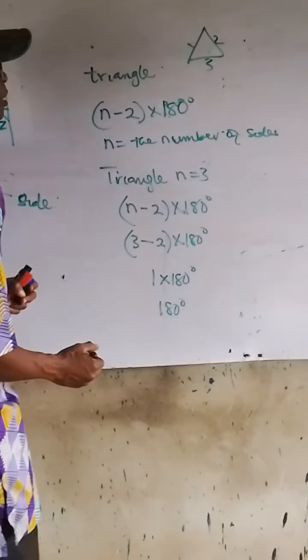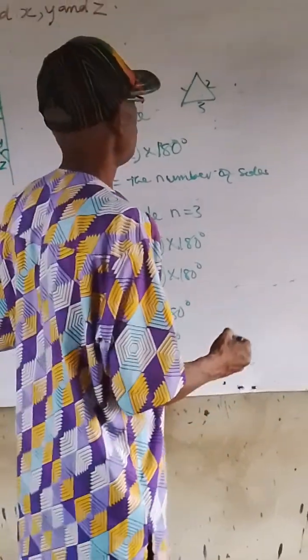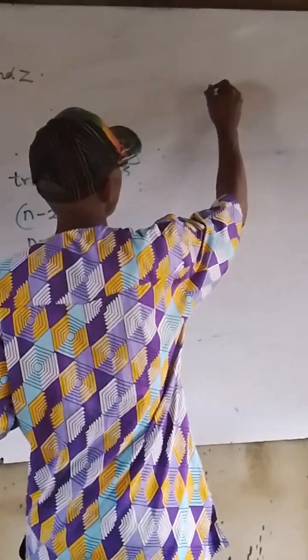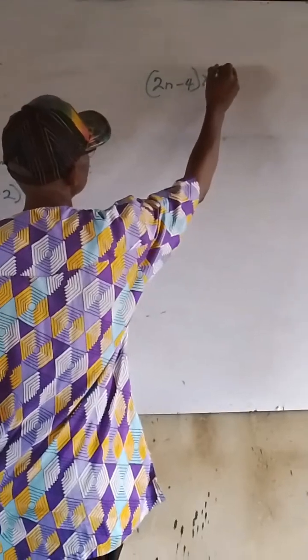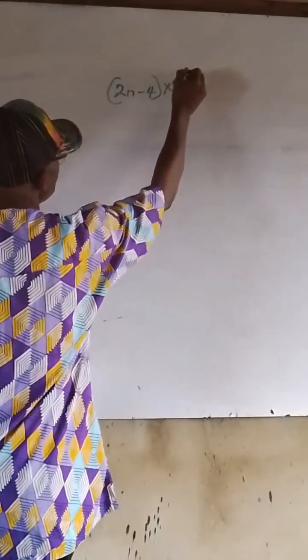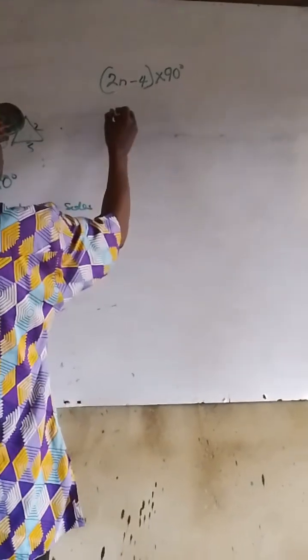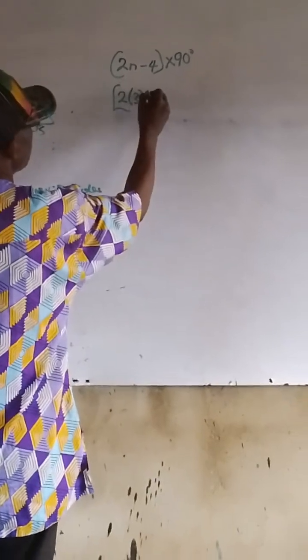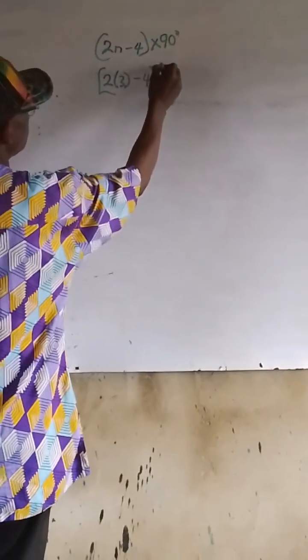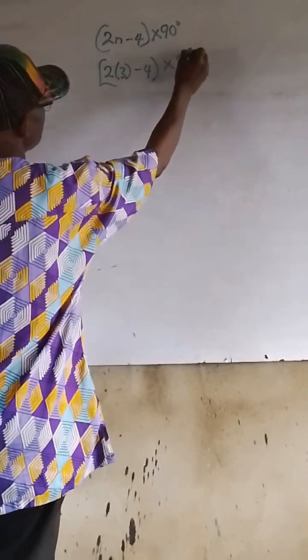180 degrees. But if you don't want to make use of this formula, we have another formula, 2n minus 4 in bracket times what? Times 90 degrees. So n is 3. So we now say 2 times 3 minus 4, times 90 degrees.